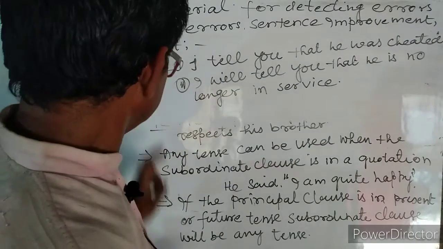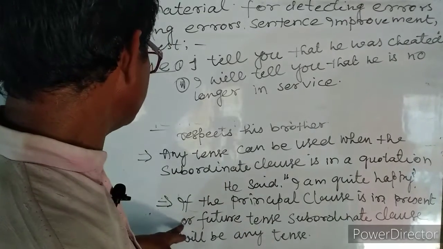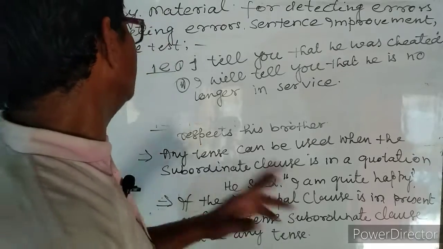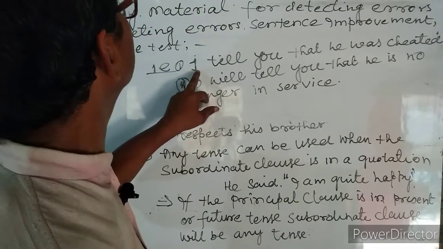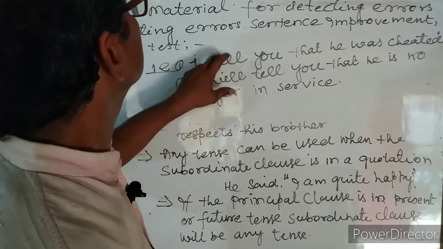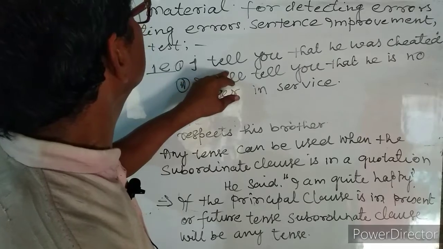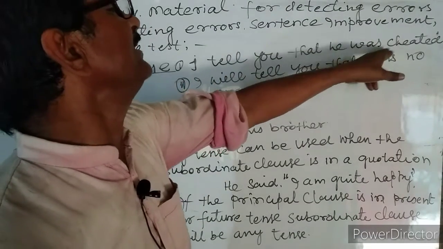According to the given rules, if the principal clause is in present or future tense, the subordinate clause will be in any tense. Now I have written here in present form, I tell you that he was cheated. It is in present form, so easily you can write here present or past form.